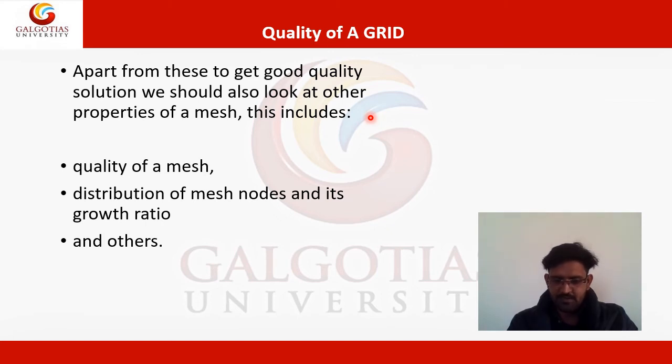Many times these are referred to as tri and quad elements. So besides the two important things, quality of mesh and distribution of mesh nodes and its growth ratio, the third important thing is that we have to check whether our solver is supporting the grid or mesh that we have generated or not. So this is also the third point when we are using the software.